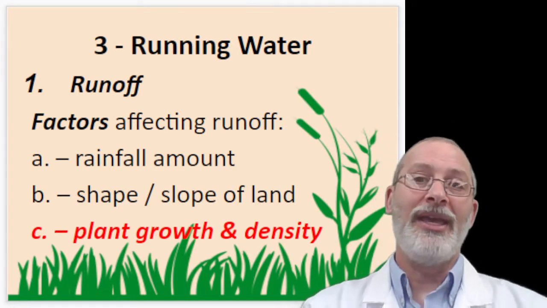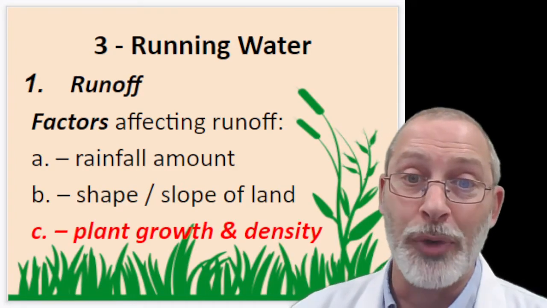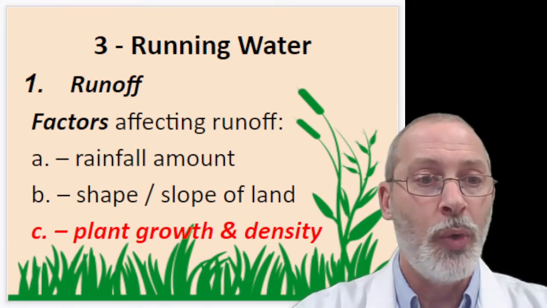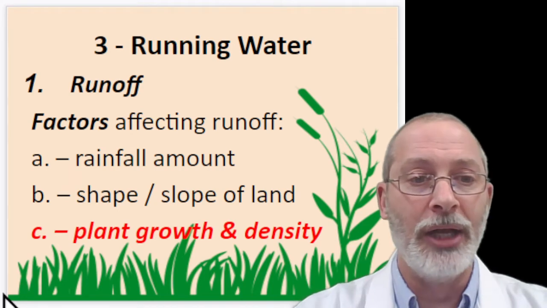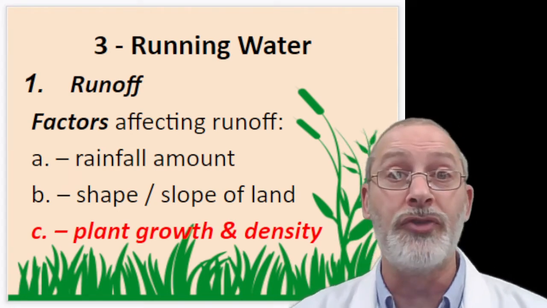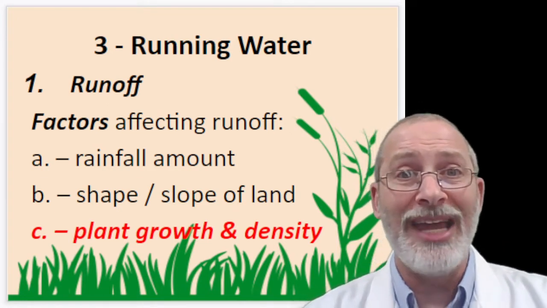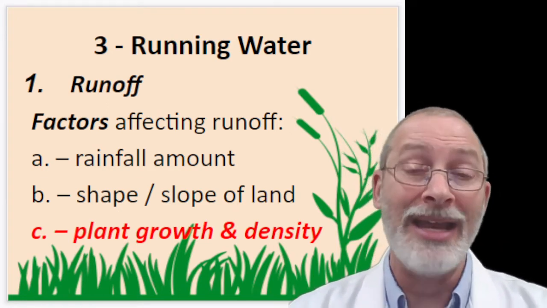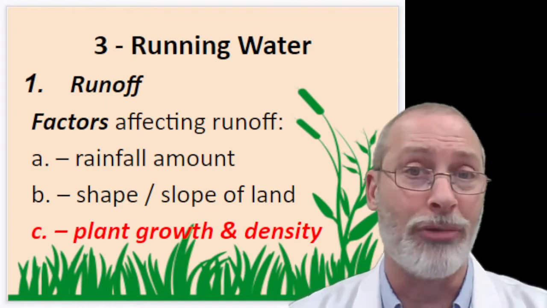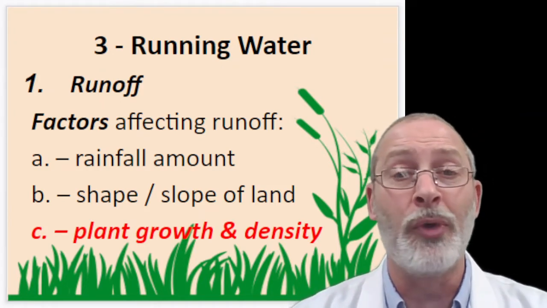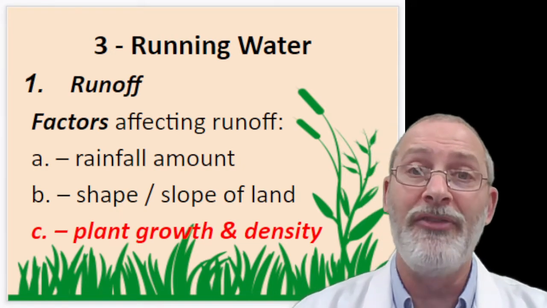Here's another factor that can affect runoff, the plant growth and density. We actually saw this alluded to in one of the videos from yesterday. If you've got a hillside that is just soil and another hillside that has grass growing on it, which hill do you think is going to experience more erosion from the runoff of water?